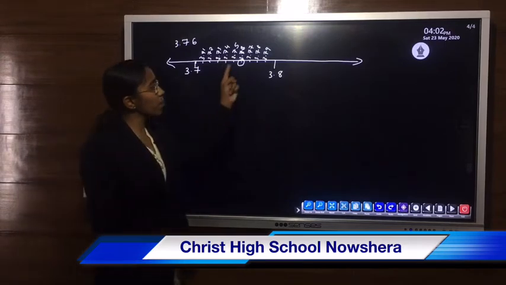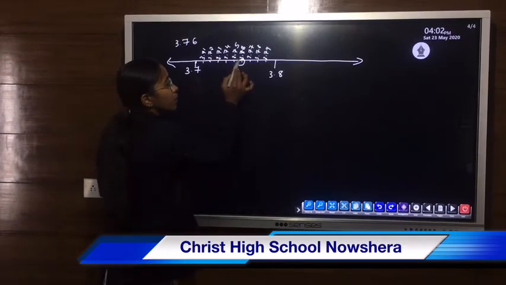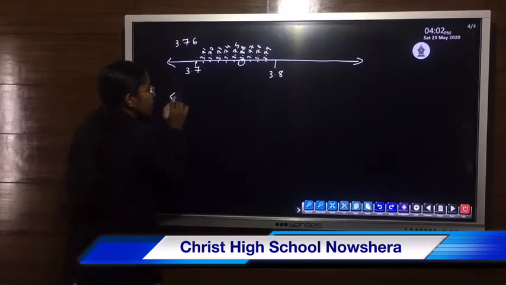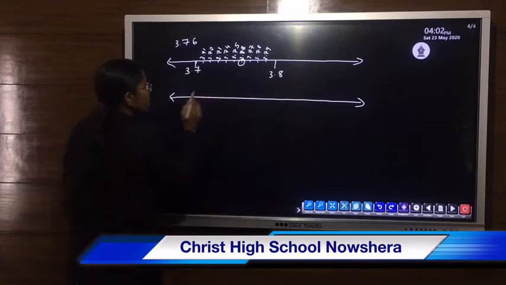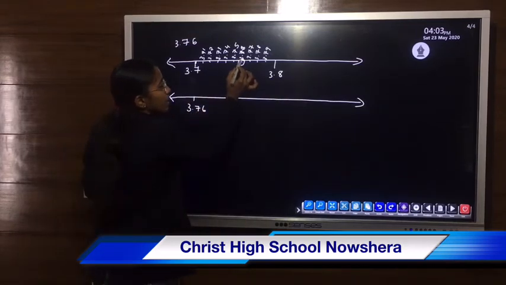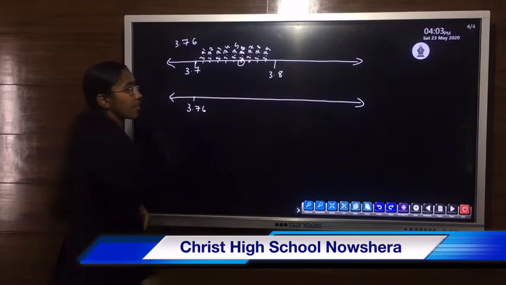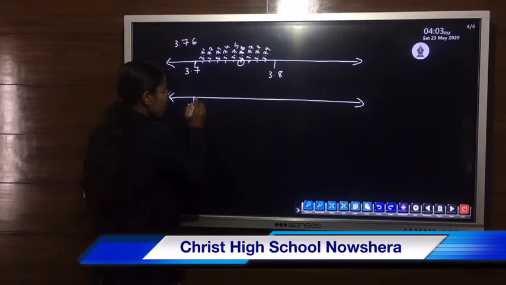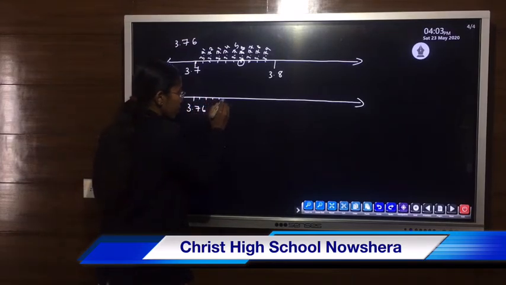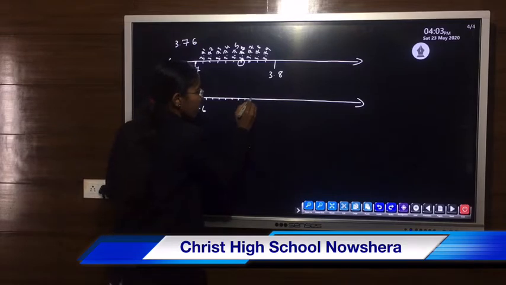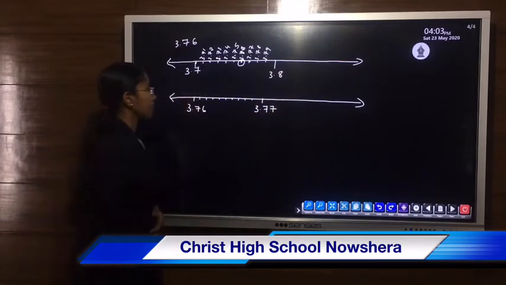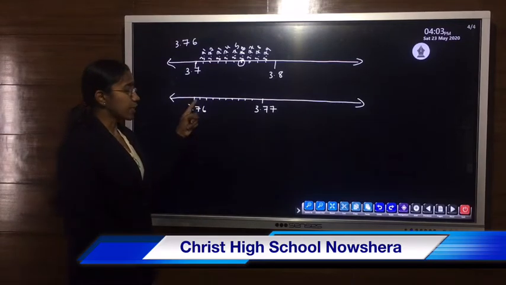3.765 is in between 3.76 and 3.77. Again drawing a number line, here we take 3.76 and 3.77 and divide them into 10 equal parts: 1, 2, 3, 4, 5, 6, 7, 8, 9. This is 3.77. Now, what is the right side of the first mark?